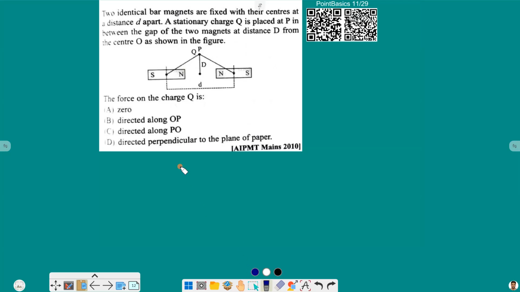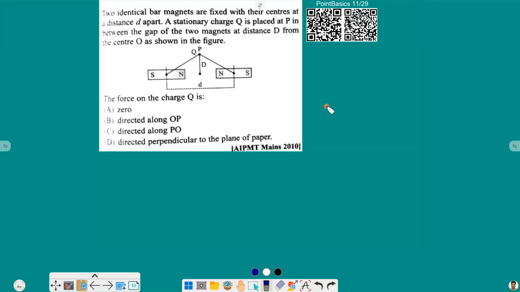Here, two identical bar magnets are fixed with their centers at a distance d apart. A stationary charge Q is placed at P between the gap of the two magnets, at distance d from the center, as shown in the figure. What is the force on the charge?